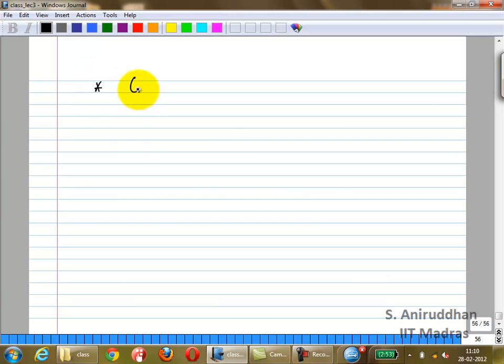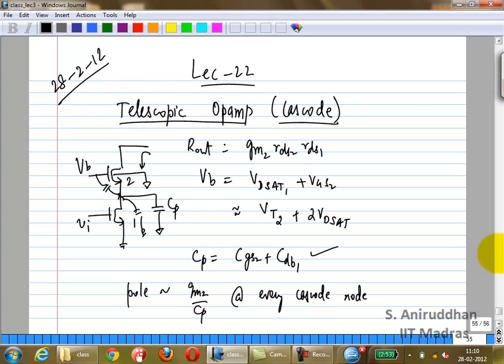The other thing you'll note is most probably so far we have assumed that VI is actually ideal. In many cases it may or may not be true. So you will have some other circuit which has some output impedance which needs to drive this input capacitance. So in reality, if you have a cascade of blocks, you'll probably have a pole associated here.